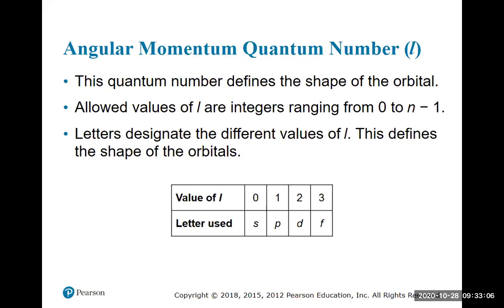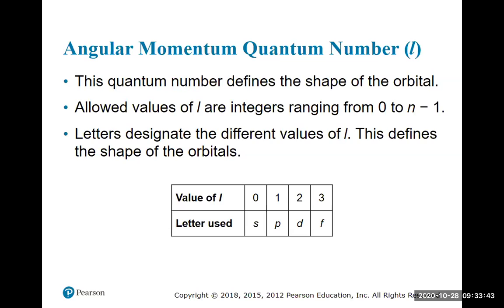Again, we have examples here in this little table of values of l of 0, 1, 2, and 3. By convention, we don't use the numbers when we're describing the orbitals. We have these letter designations that we're using instead. So we have s, p, d, and f, where s corresponds to an l value of 0, p corresponds to 1, d to 2, and f to 3.